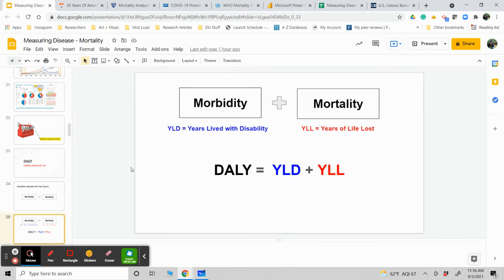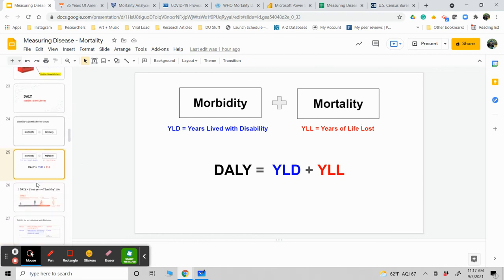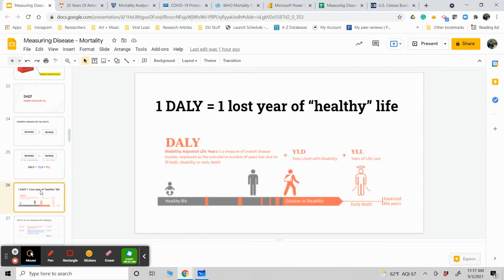So let's dive into the calculation of the formula in a little more detail. To compute this metric, we're going to take the number of years that someone has lived with a disability or a disease, together with the number of years lost to that disease. Now let's go through an example.